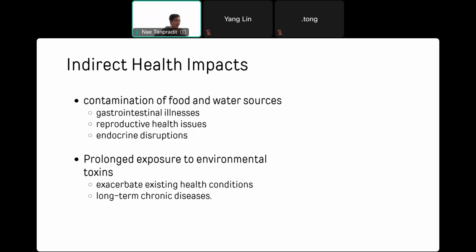For the indirect health impact, it's the impact on ecosystem services, like food and water contaminated with plastics and synthetic chemicals, like we have talked about before, and sometimes prolonged exposure to environmental toxins like plastic.